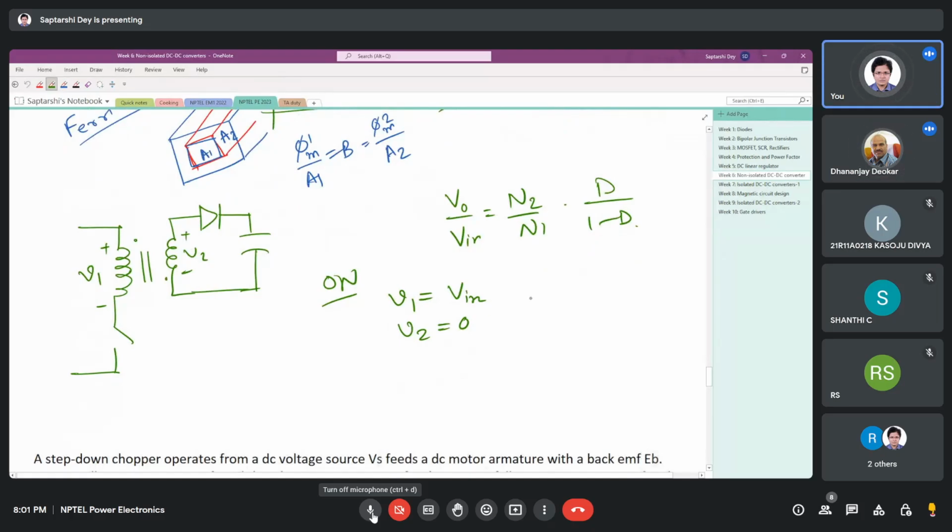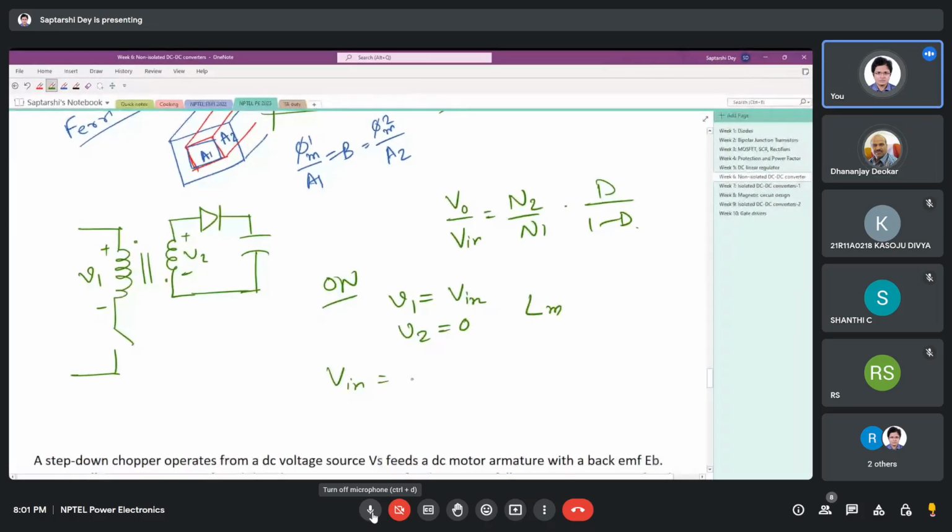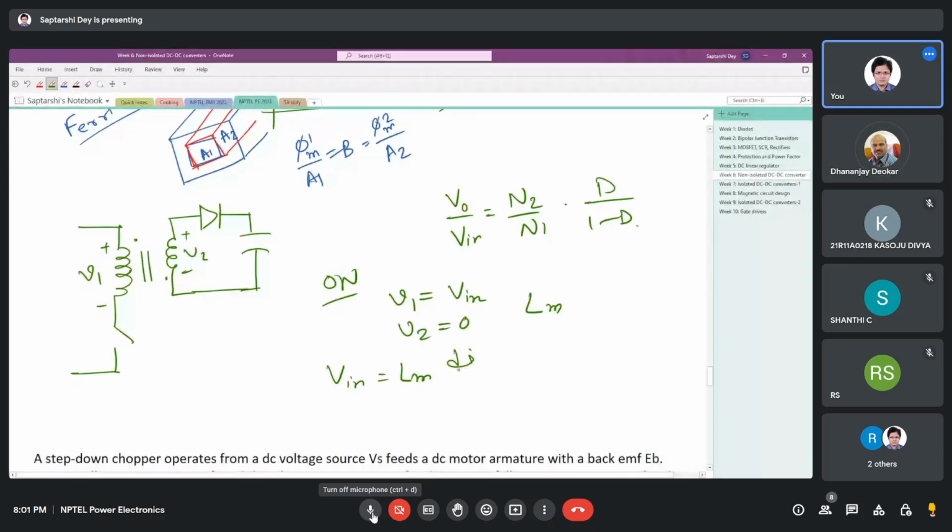If I consider the magnetizing inductance to be Lm, then V in equals Lm di by dt.